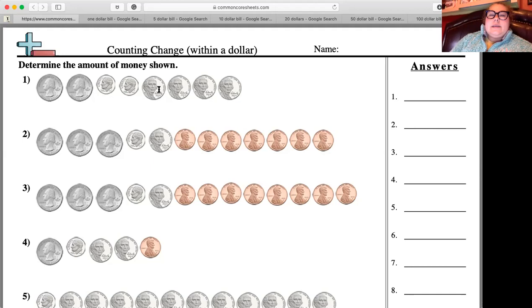What is the value of a nickel? That's right, 5 cents. So you're going to put plus 5 cents, plus 5 cents, plus 5 cents, plus 5 cents. Okay? Now I'm going to stop sharing and let you view my iPad, and we're going to show you how to do that again.